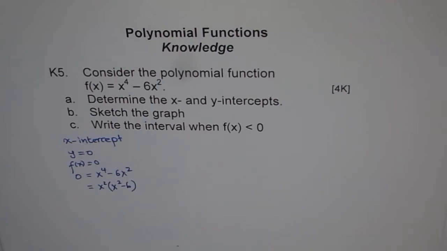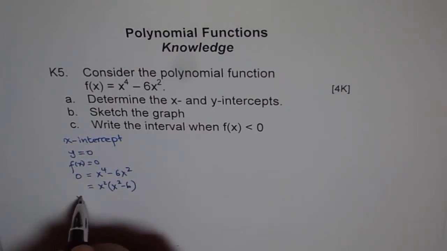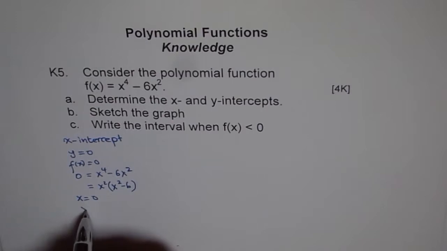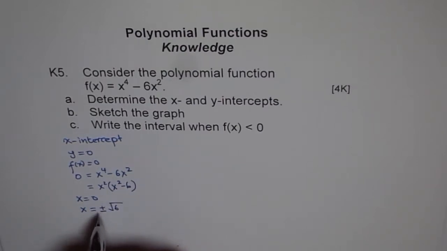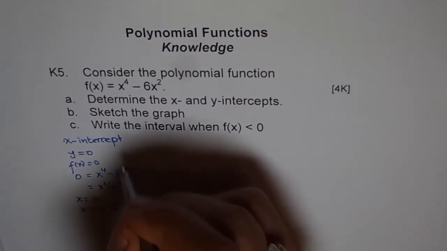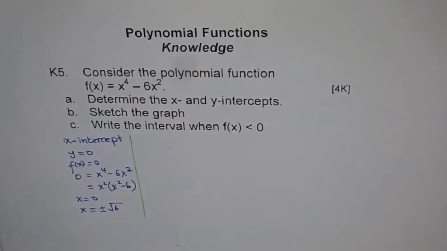When can this be 0? This can be 0 at x equals 0 and at x equals square root of 6, plus and minus. Don't forget this part. That is how we get our x-intercept. So part A is done for us.